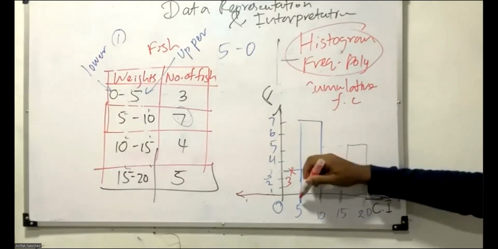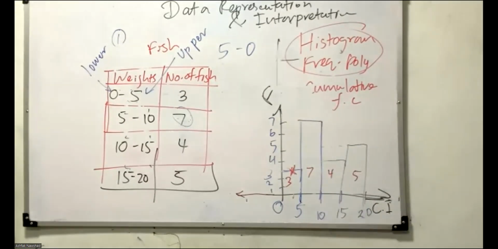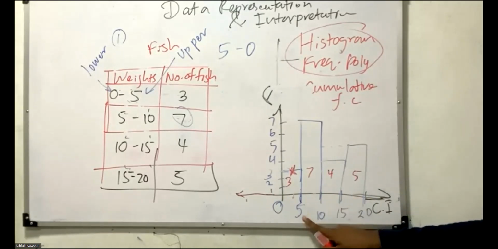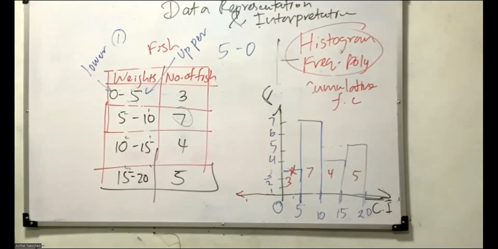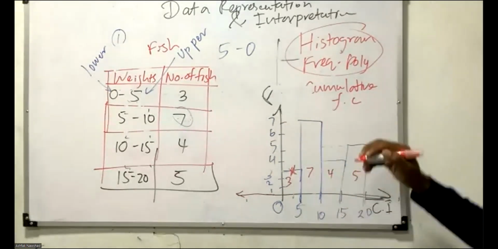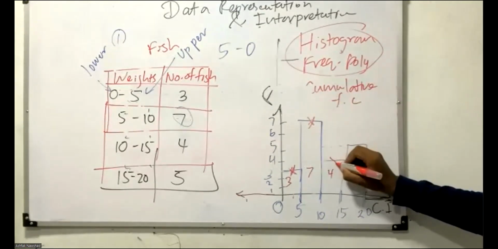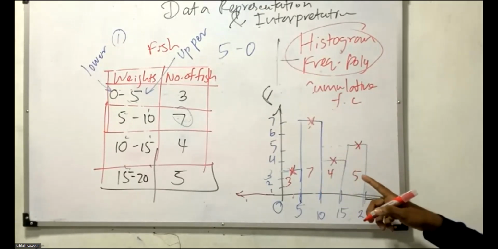So you don't have to mark 2.5 here. Just roughly put a cross. And then on the next rectangle, between 5 and 10, what would be the midpoint? 7.5, yes. So you just mark crosses on the midpoints of the rectangles. Are we clear?